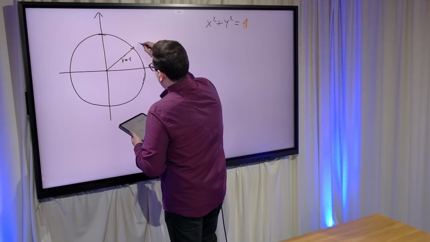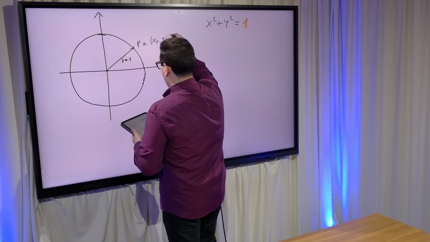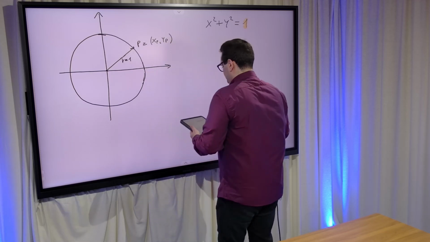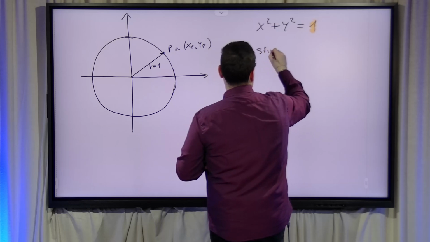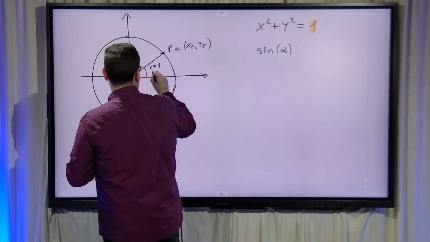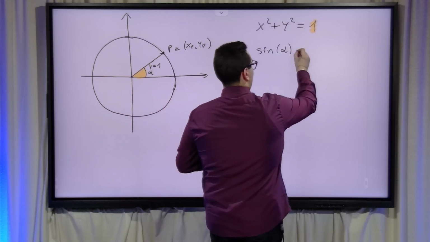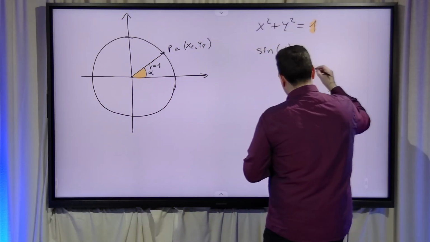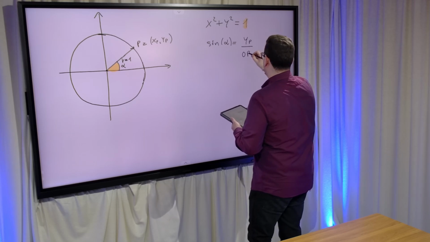Let's write here the point P as xp, yp, and we can define the sine of alpha, where alpha is this angle, as yp over the segment OP.